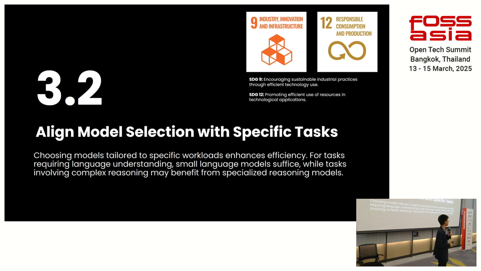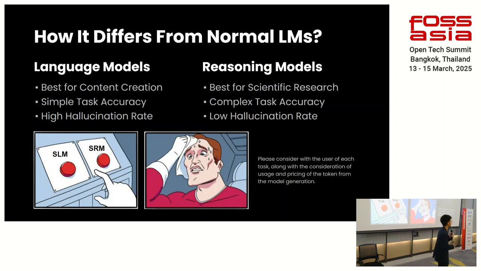The second one is to align model selection with specific tasks. You can see there are key differences between language models and reasoning models. For language models, it's best for content creation, and it comes with high hallucination rates. But if we go with reasoning models, it's best for scientific research and complex task accuracy, with low hallucination rates.